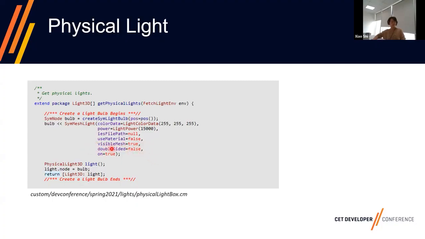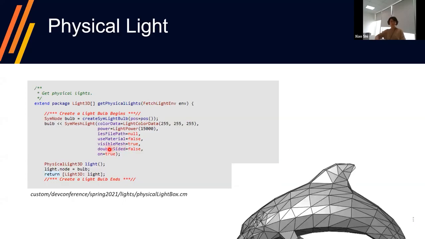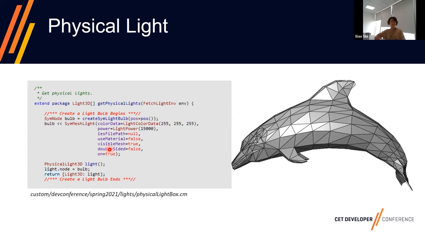The double-sided is actually a property for mesh, sorry. And this is a picture of how a mesh works that I took from Wiki. So you can see that this dolphin is a 3D model, and in CT we actually split it up into little triangles, and one of these triangles we'll call a mesh.